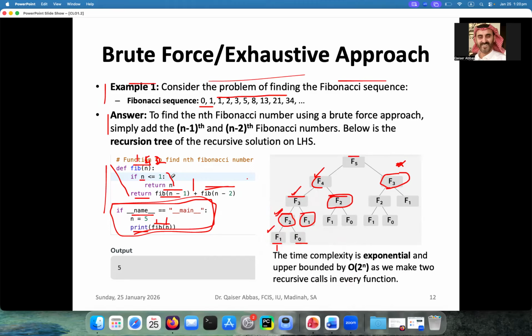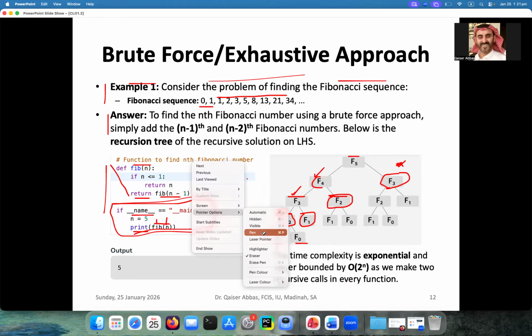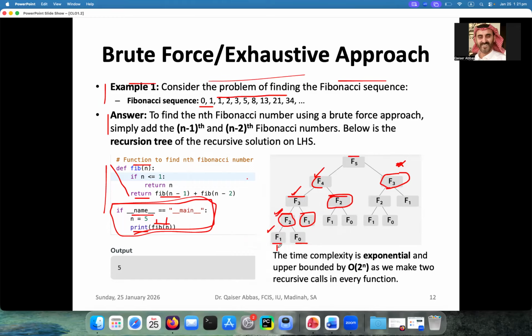of the drawings, so that I can write something here. Now, this f of 1, you know that we are getting 1 here, and then this plus here, and then this fib, which means this 0, 1.